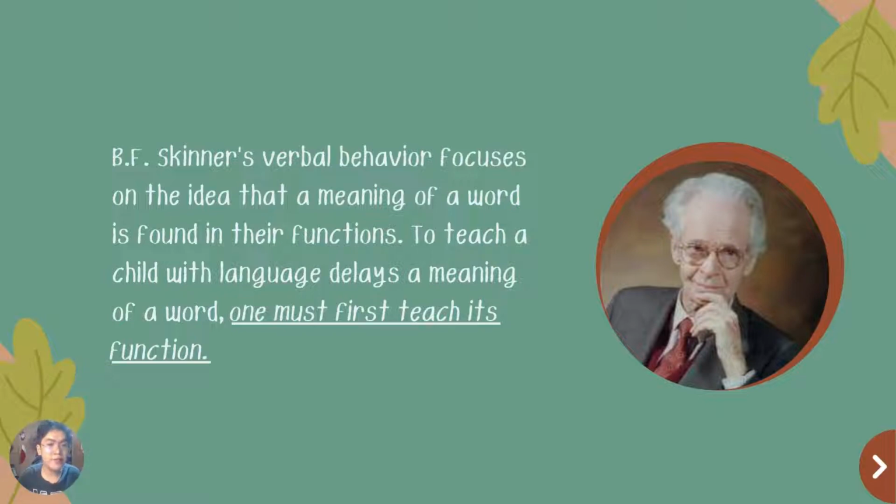Now, one of the theories that is relevant to social interaction and language development is B.F. Skinner's verbal behavior, which focuses on the idea that the meaning of a word is found in its function. For us to teach a child with language delays the meaning of a word, one must first teach its function. We need to first understand the purpose, the idea, the function of the word before we define a certain word.